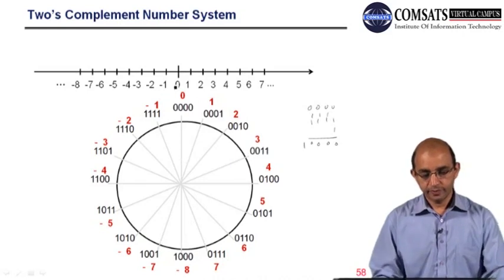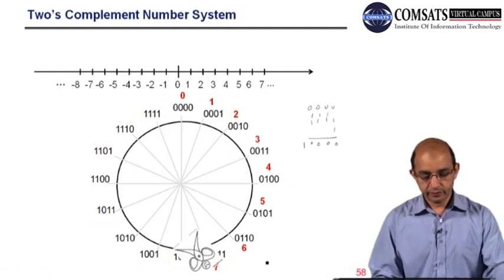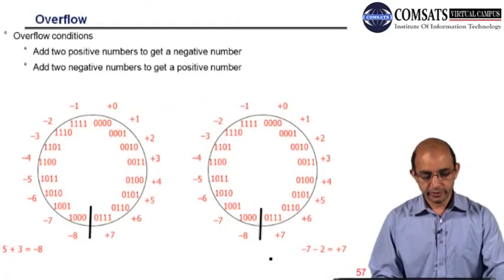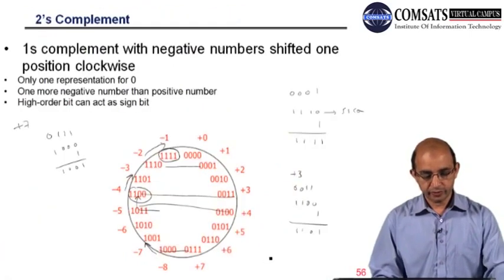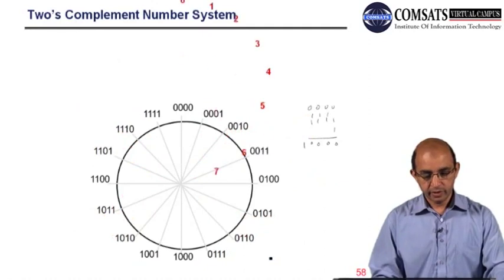So we have 0, and -1, -2, these are the negative numbers, and here we have the 0. So this is the 2's complement number system. Here we have positive numbers. If I go back, this is a very unique mechanism to obtain the 2's complement.